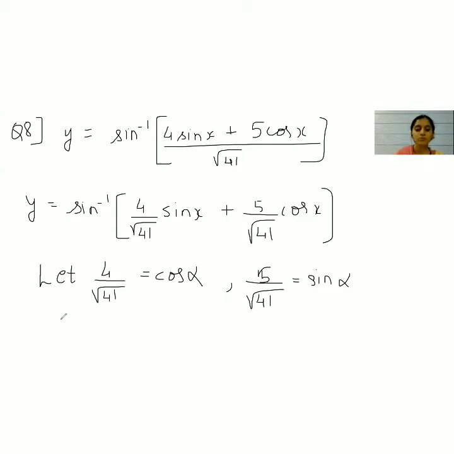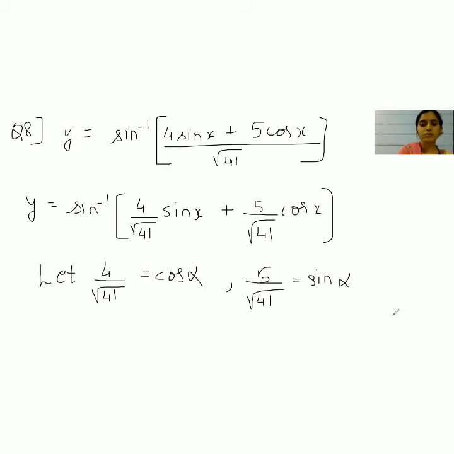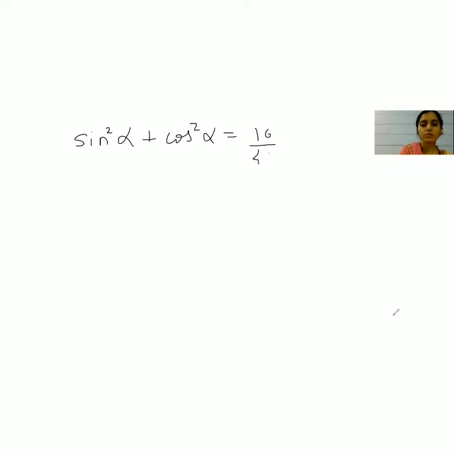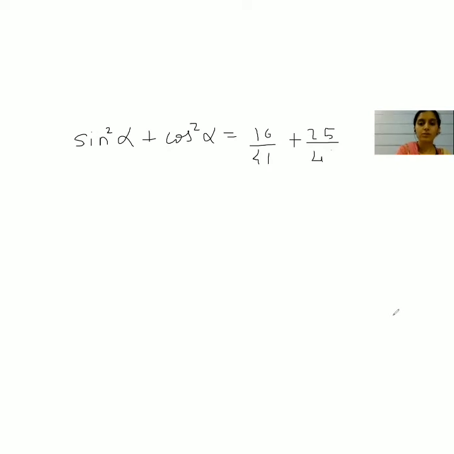So we have to prove whether we have taken the correct trigonometric ratios. So how do we do that? We find out sin square theta plus cos square theta for them. That is sin square alpha plus cos square alpha, okay, is equal to 4 square, that is 16 upon 41, plus 25 upon 41. So what are we getting? 1. So that means it's true.